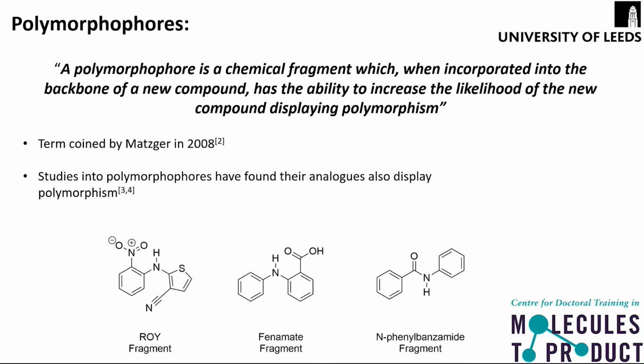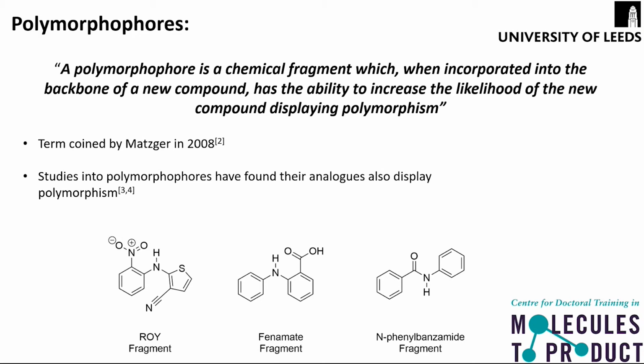But there do seem to be shared characteristics within polymorphophores, and I think an interesting area of research would be investigating to find more of them, looking at the characteristics shared within this group, and seeing if you could go into polymorphophore design and start to define rigidly what is and isn't a polymorphophore, from at least a chemical perspective, if not a properties perspective.